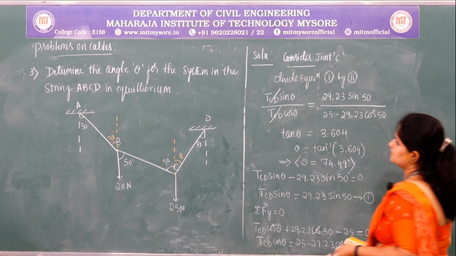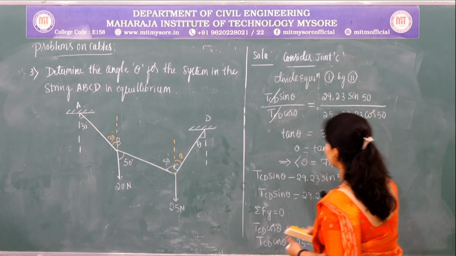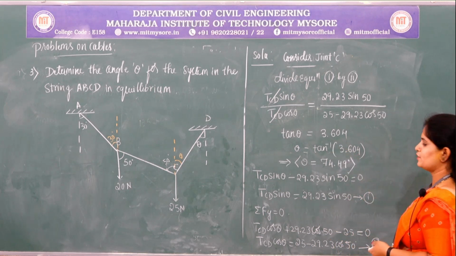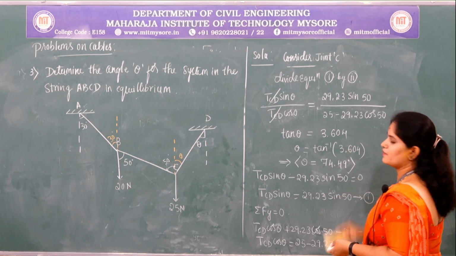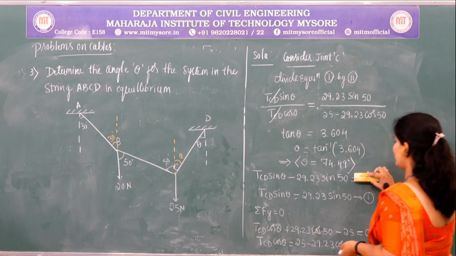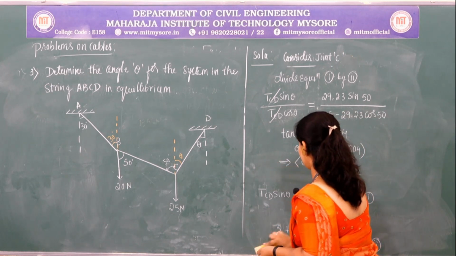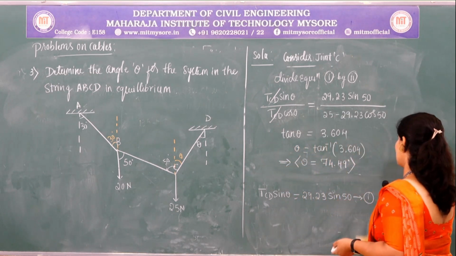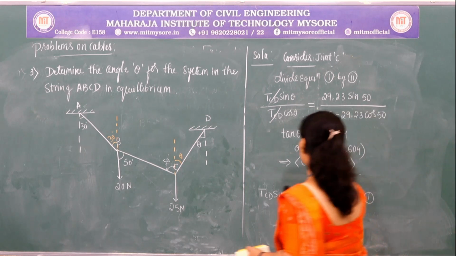Now there is another unknown, that is TCD, right? We need to find out the value of TCD. So now substitute this value of theta in equation 1, or you can also substitute in equation 2.